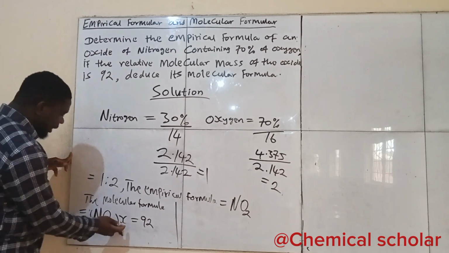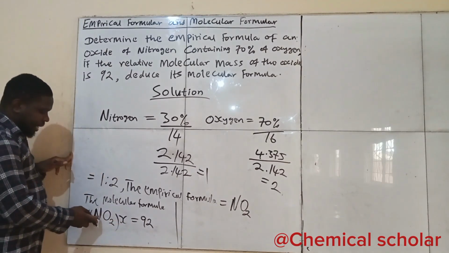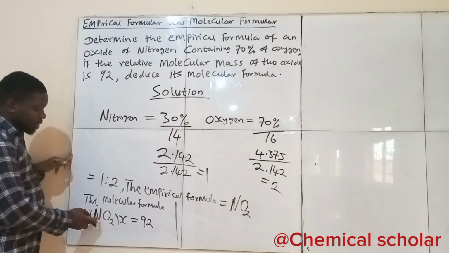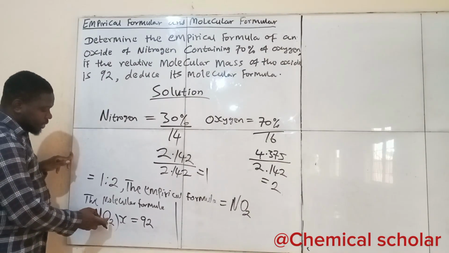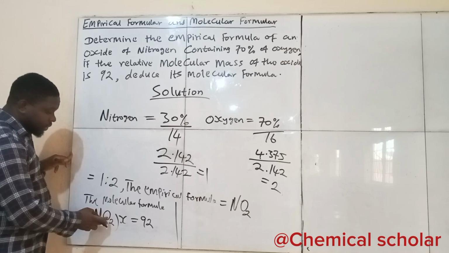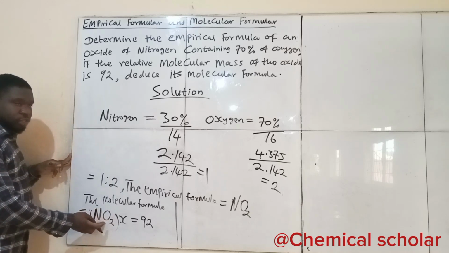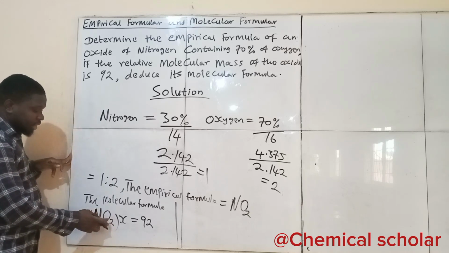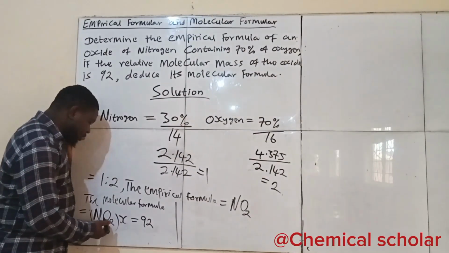So we are solving for x. The mass of N is 14, and the mass of oxygen is 16. And here we have 2 oxygen, so 2 times 16, which is 32. So here we have NO2.